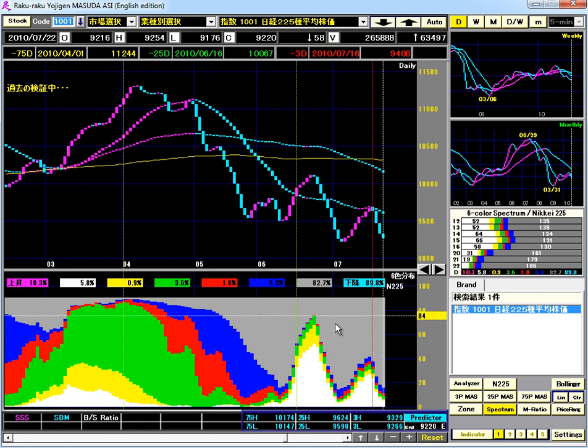When we looked at the 6-color spectrum previously, we also noted that at the top here we have several percentage numbers: the percentage of white pattern or F pattern stocks, the percentage of A pattern stocks, and the percentage of B pattern stocks. These 3 aggregated equal the uptrending stock group.